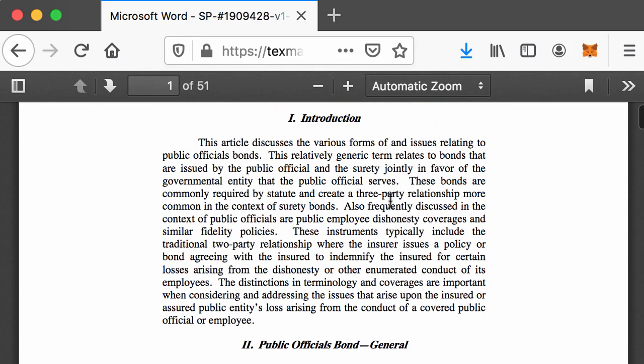Let me see here. For example, it says this article discusses the various forms of and issues relating to public officials' bonds. This relatively generic term relates to the bonds that are issued by the public official and the surety jointly in favor of the governmental entity and the public officials served. These bonds are commonly required by statute and create a three-party relationship.